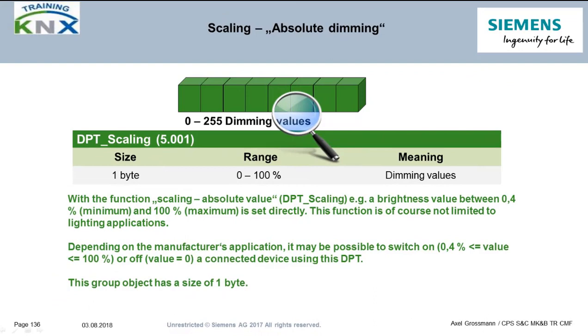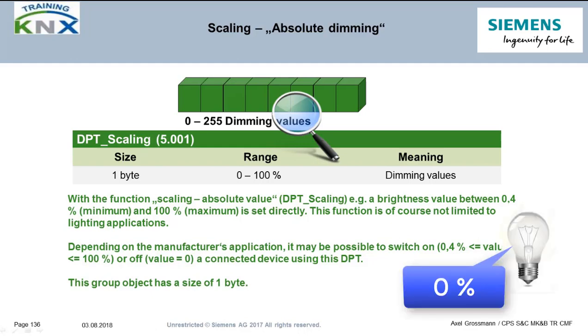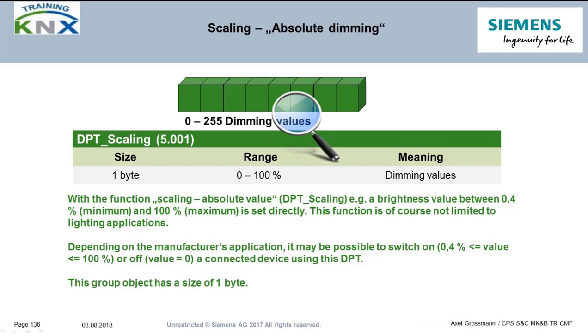DPT 5001 Scaling. The DPT 5001 Scaling describes an unsigned 8-bit value that is normalized to a maximum value of 100. To show that it is a ratio to the respective maximum value, the percentage sign is added. This means that almost all analog parameters can be represented with this DPT, if they are to be displayed or controlled relatively.